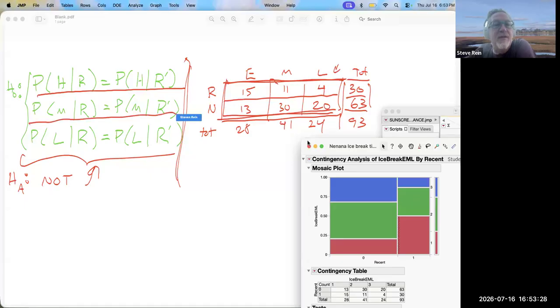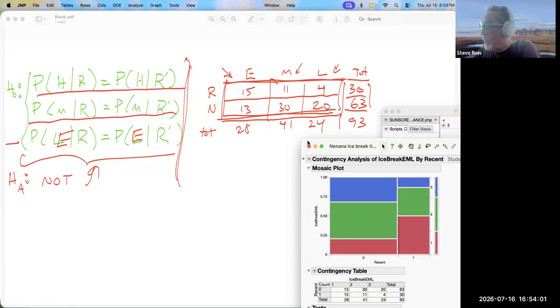Similarly, the rate of being in the second column is the same, whether you're in the first row or second row, or even in this first column, the early, E for early. There we go. Fix that. Makes me happy. Early is not dependent on which row you're in. It almost says we've got independence between whether it's recent or not, and whether it's an early breakup, a medium breakup, or a late ice breakup.